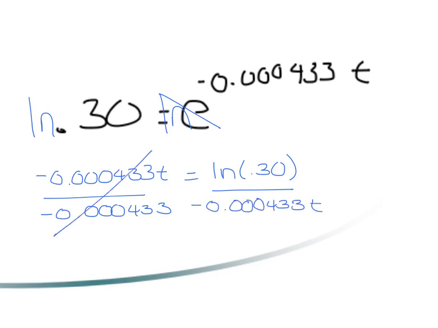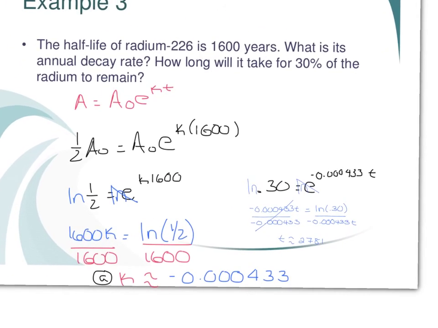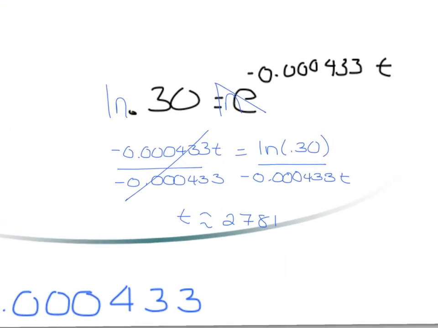Put that into your calculator and let's estimate the time. Alright, so you should end up with 2,781. So in context, remember we were looking for how long will it take for 30% of the radium to remain? Approximately 2,781, and it's in years, so I want to make sure I specify that.